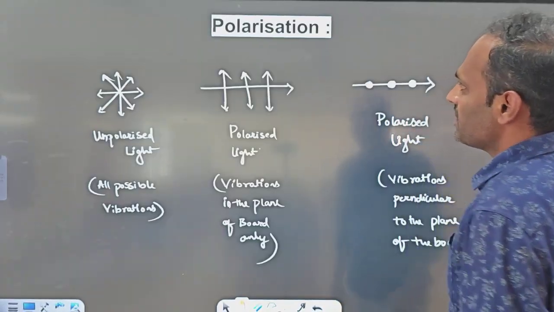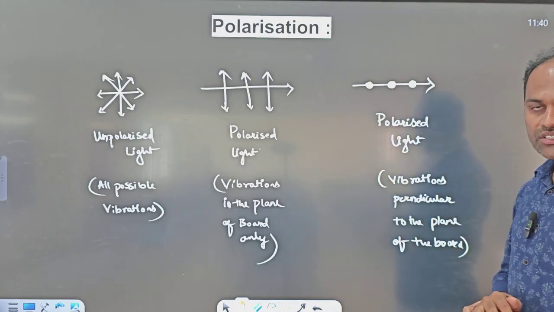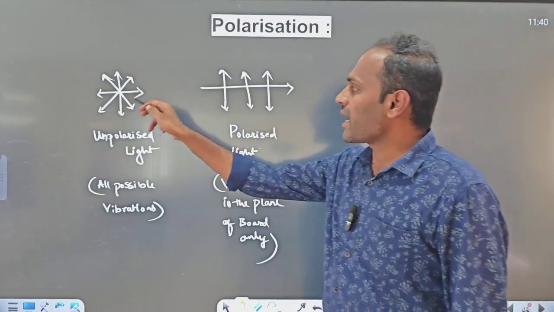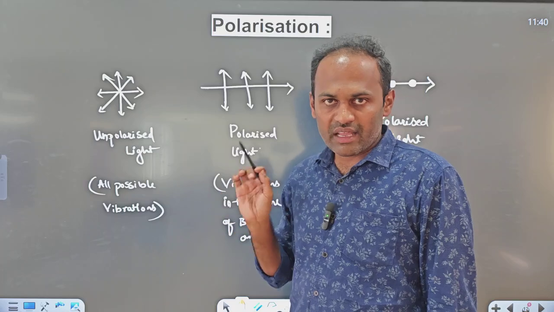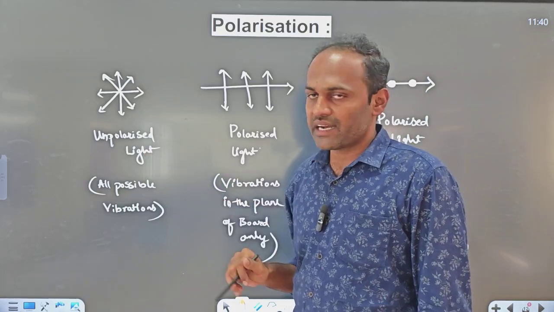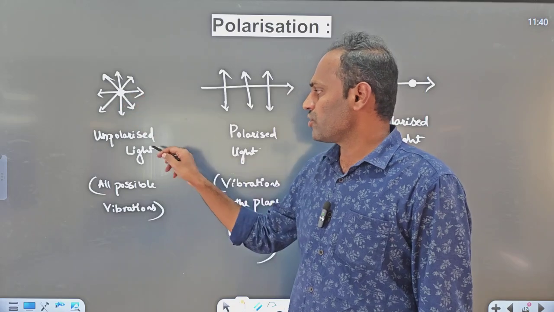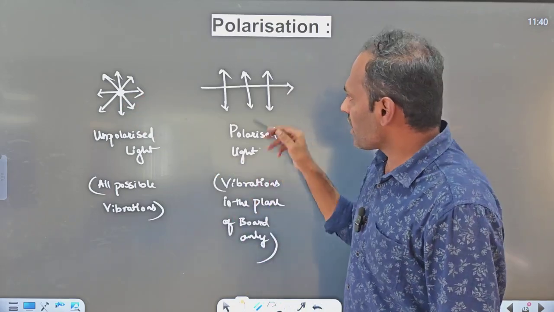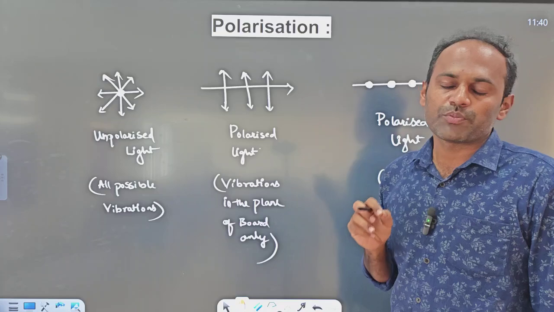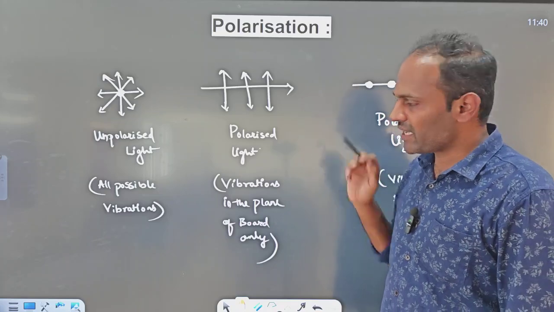Okay, next is polarization, the last concept in this chapter. See, if all types of vibrations are present in a light, then that is called unpolarized light. All possible directions are there, right? All possible directions are here, so it is unpolarized light. If there is only one kind of vibration present in that light, then that is said to be polarized light.